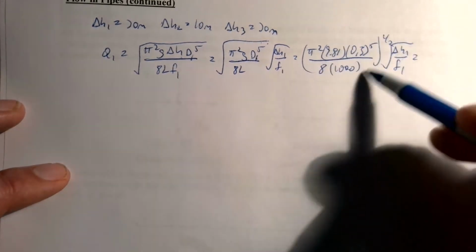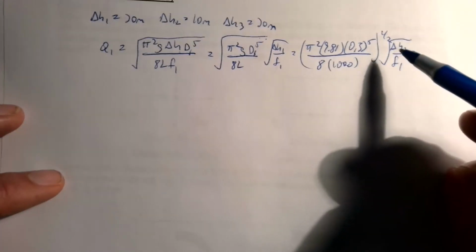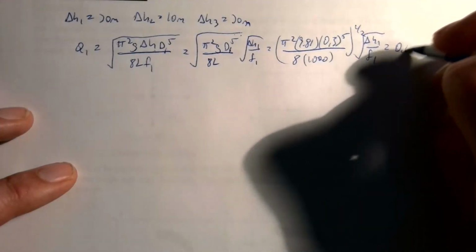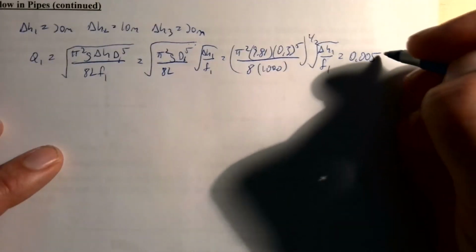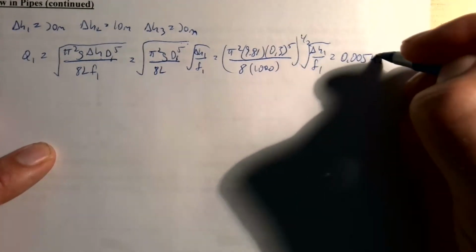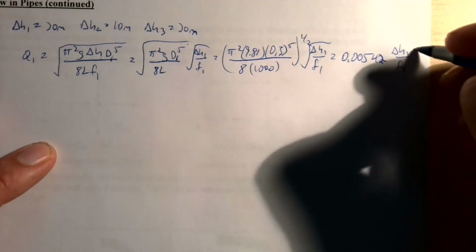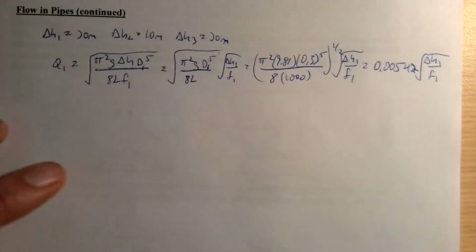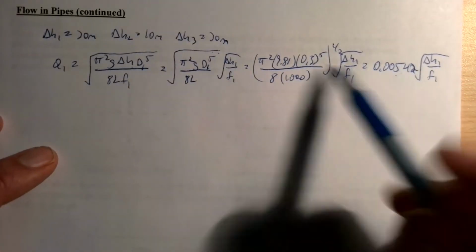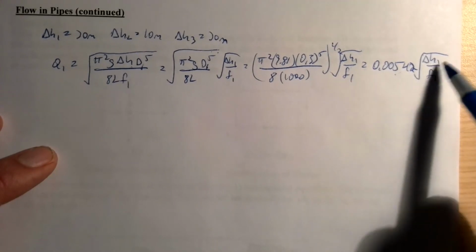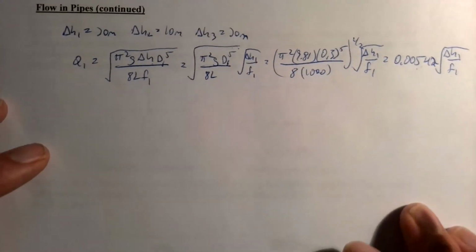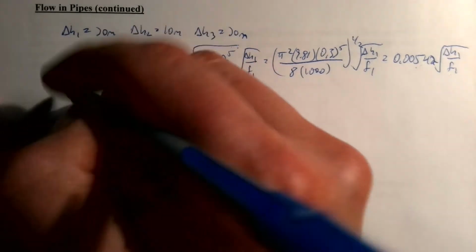We're going to use this term over and over again, so in the interest of time, you might want to calculate it. This isn't going to change even if the friction factor and delta H change.